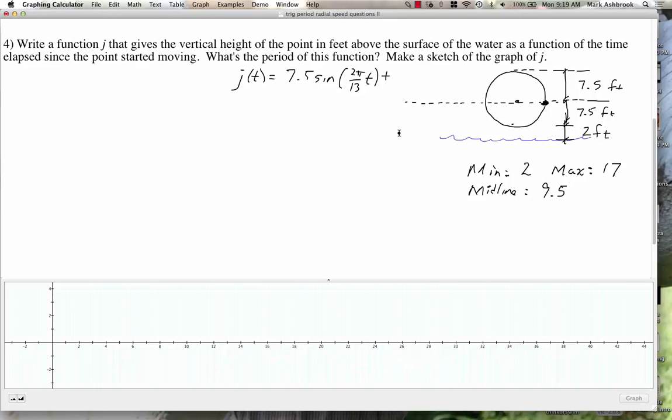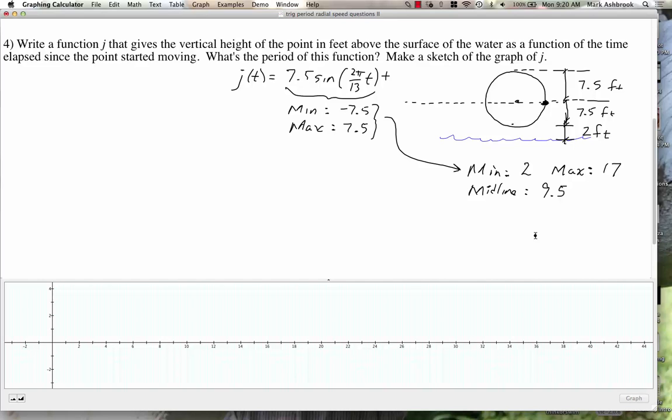What vertical coordinate will be the midline of just sine, if we were to graph this? 0, right? This function by itself, what will its minimum and maximum be? Negative 7.5 feet for the min, and 7.5 for the max. And what do we need? We need to take these two values and add so that our new min and max are 2 and 17.